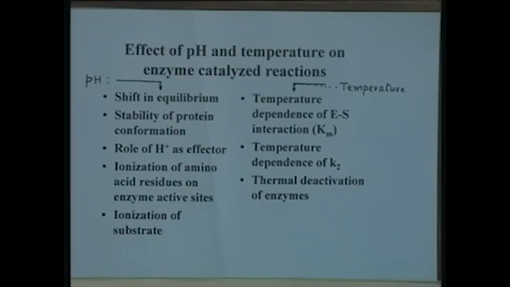Now, as you know, enzymes are primarily very complex molecules, and we had also looked into the complexity of the situation as regards their catalysis and their specificity. The whole effect of pH and temperature therefore is not based on a single interaction, like in the case of a substrate or an inhibitor, where the effect on the reaction rate is usually based on the formation of dynamic complexes with the enzyme.